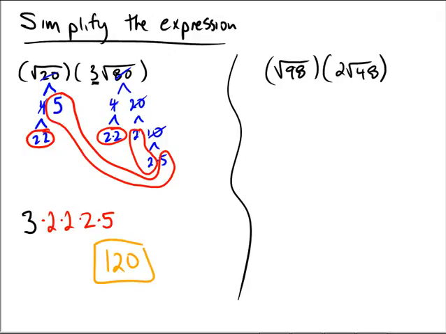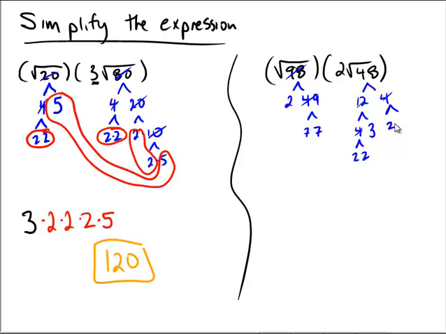Okay, just to see it again in case this is new to you, let's try 98. 98 breaks down into 2 times 49, and 49 is 7 times 7. 48 breaks down into 12 times 4. 12 is 4 and 3. 4 is 2 and 2.